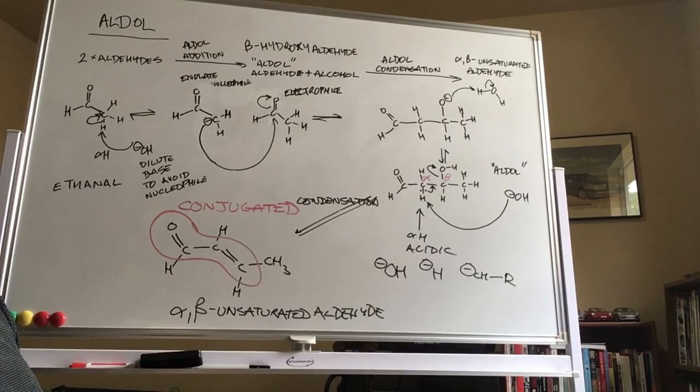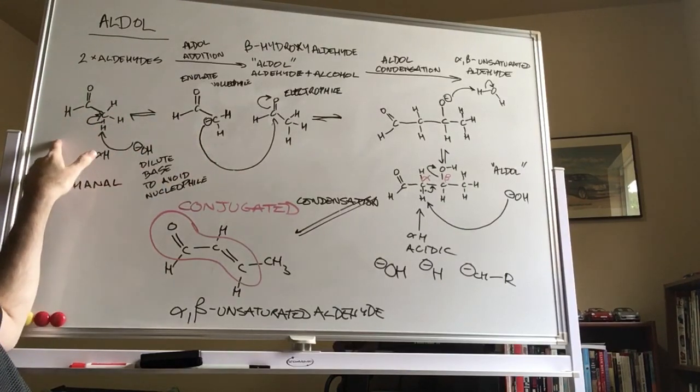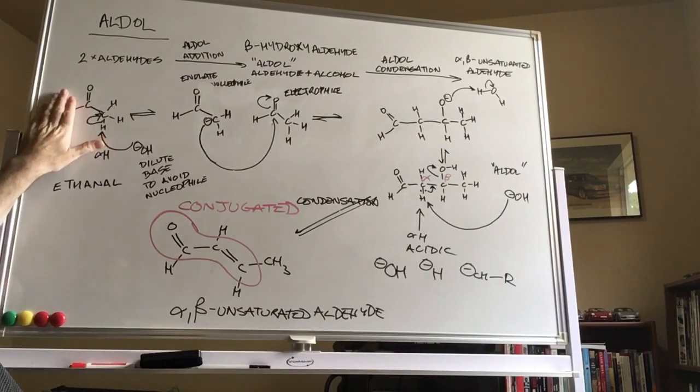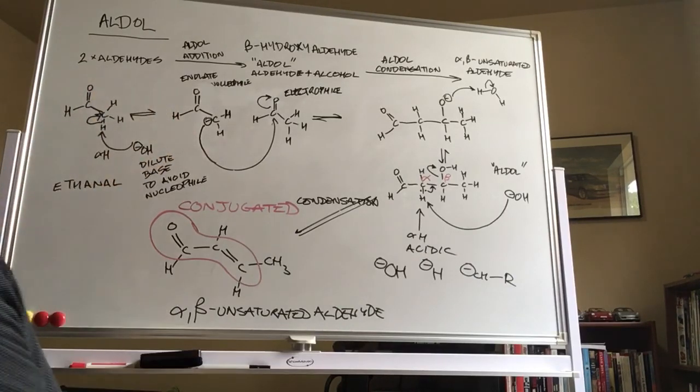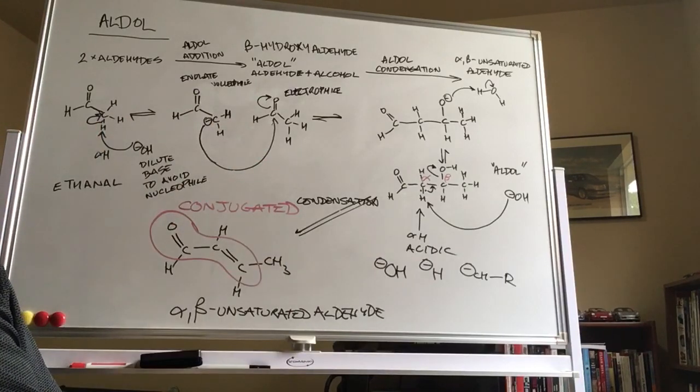Okay, that's quite a bit of ground. Here's the deal with the aldol. They don't have to be aldehydes. They can be ketones. And if they're ketones, then I have to decide, do I make the enolate on the left-hand side of the molecule or on the right-hand side of the molecule? Also, they don't have to be the same aldehyde or the same ketone. You can put two different ketones in a flask, add some base, and let them figure out what to make.